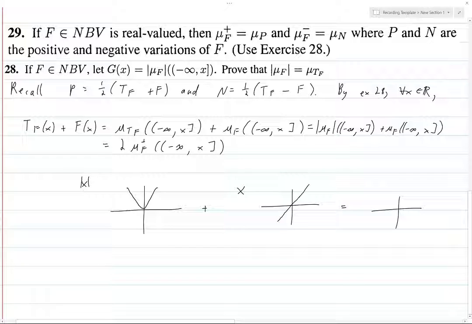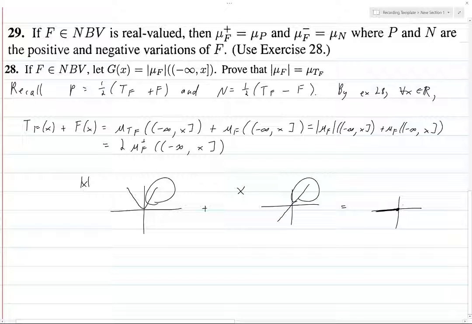And what would this look like for negative values? Well, here these things would be positive and these things would be negative, and they would all cancel out. And so for negative, these would be 0. But for positive, we get this, and these two slopes both contribute.